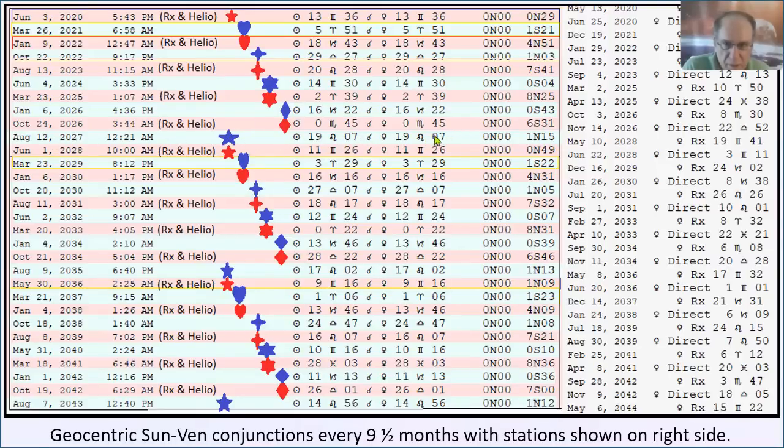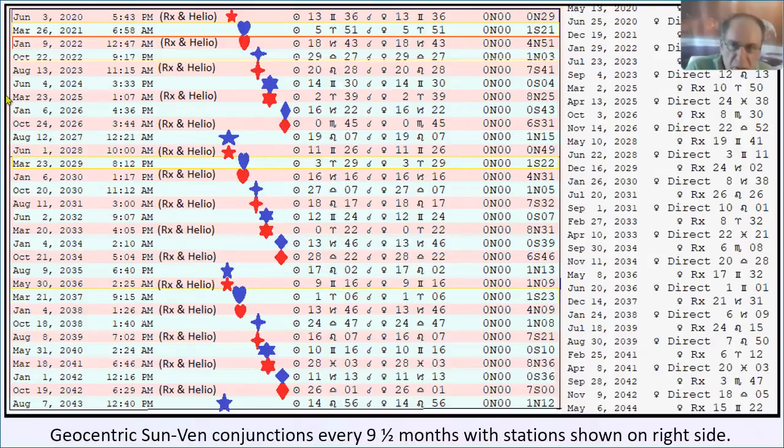And then a little bit after that, on May 10, 2028, Venus turns retrograde. And so this next conjunction, less than a month later in June, is the retrograde one. Anyway, that's the change in speeds. You can see when they're changing speed, and that in fact, this is the cycle going on.